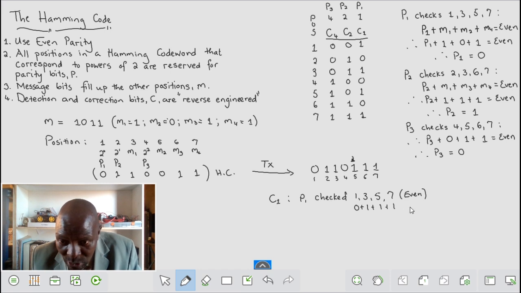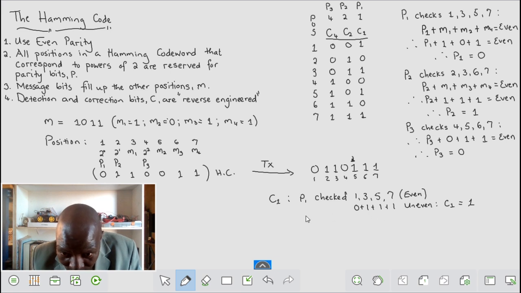Our answer is not even. It's supposed to be even, so this is uneven. We say uneven by declaring C1 a 1. Correction bit C1 says 1. When it says uneven, it says 1. When it says happy, it's trying to say go back to even. You are short of a 1.